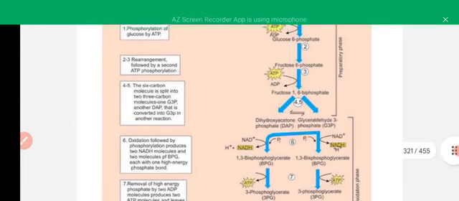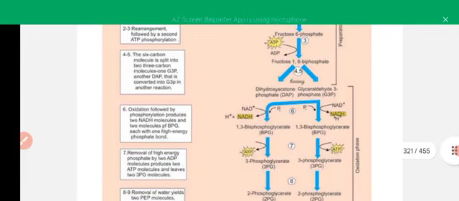Both are phosphorylated, and both contain one phosphate group that was originally taken by the fructose molecule. Then there is further phosphorylation of dihydroxyacetone phosphate and glyceraldehyde phosphate. They are converted into bisphosphoglycerate.